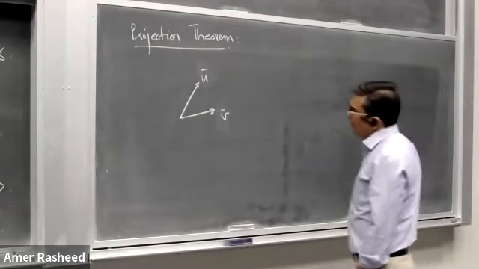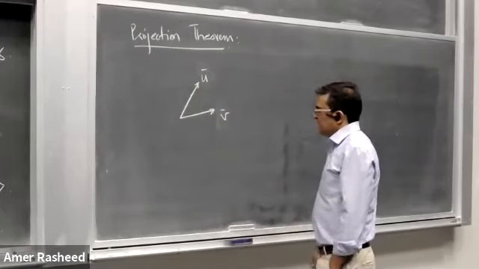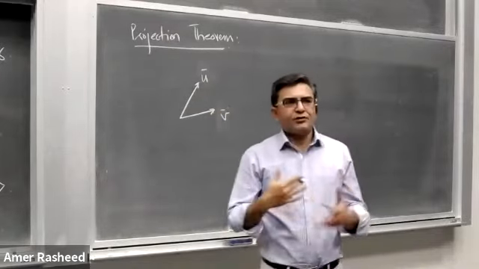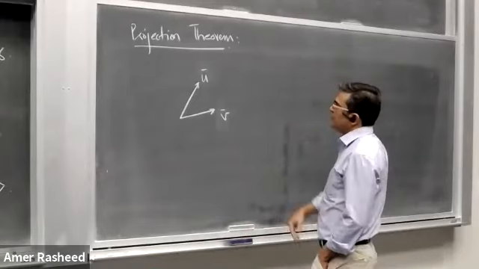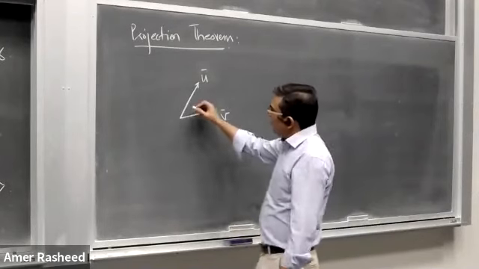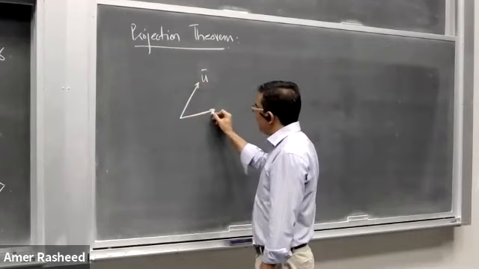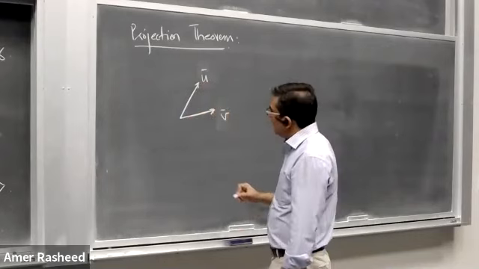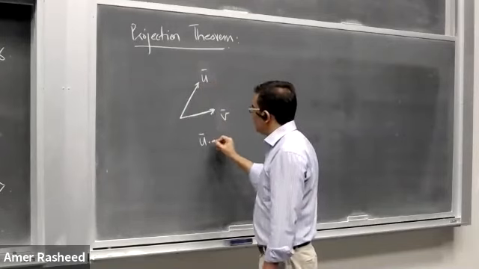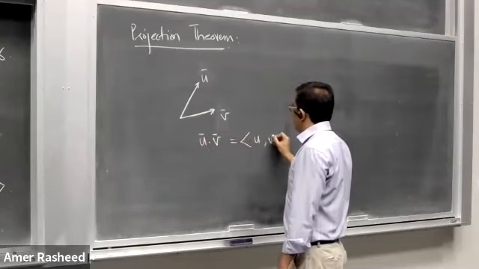Then the components of u can be computed along v and perpendicular to v in order to make a projection of u onto v, or you can say a kind of right angle triangle. We have a u vector, then the component of u along v, sometimes we need it. The component of u along v is what? It is u dot v, means inner product of u and v.